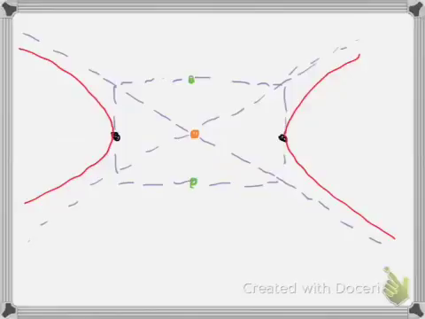Now also remember that your hyperbola has focal points. The focal points are inside the hyperbolas there. The distance from here to here is the x radius.